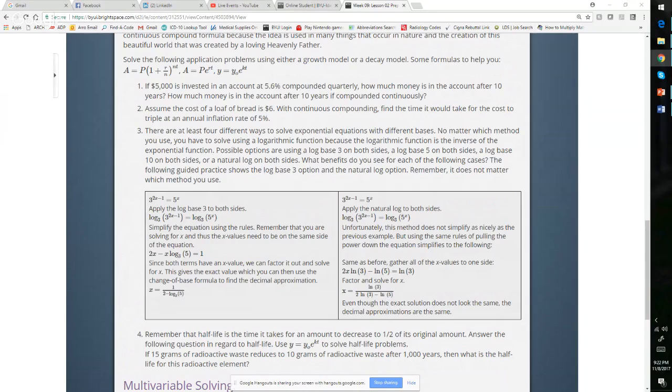The time that I came up with was almost 22 years, 21.9722 years, for the cost of a loaf of bread to triple at a 5% inflation rate.